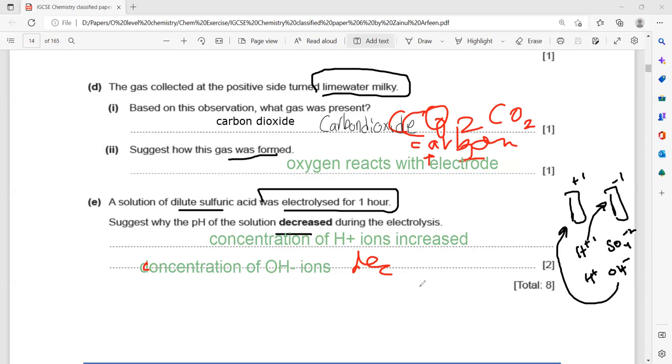So water is removed. As the water is removed, the solution becomes more concentrated. And as the solution becomes more concentrated, if it's an acidic solution, the pH will decrease, and if it's an alkaline solution, the pH will increase.